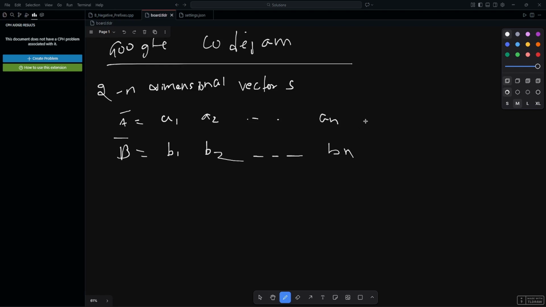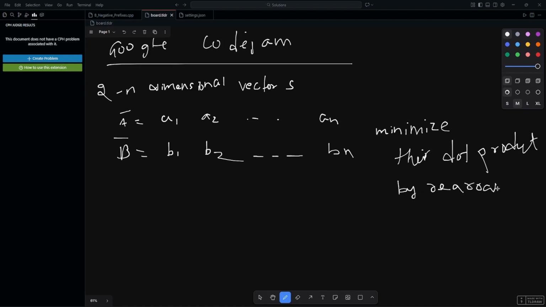And I need to minimize their dot product. This is what I have to do by rearranging.